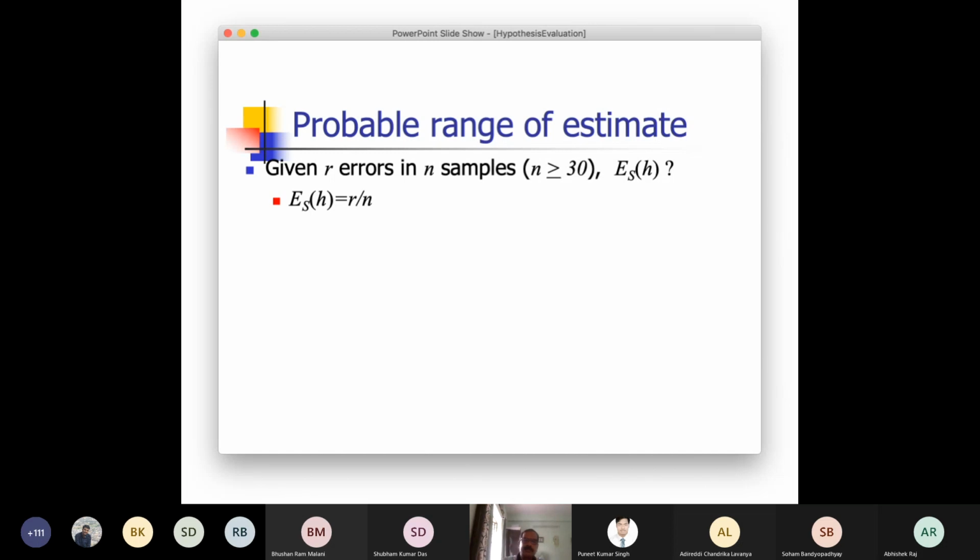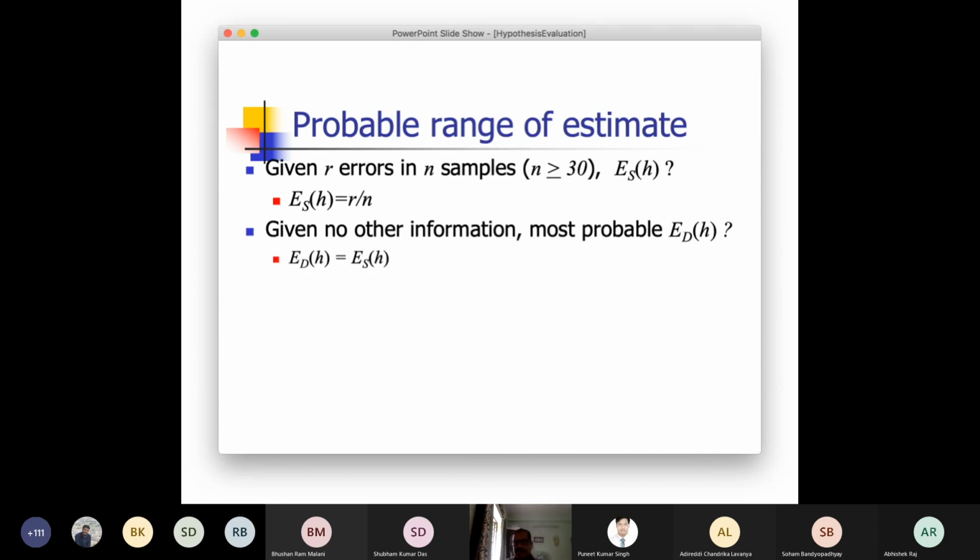Your estimate of the error here is r by n. If you are given no other information, what is the most probable true error, given the distribution? Since it is unbiased, the most probable would be this. If you get a probability distribution of this estimate, this is the most probable error.